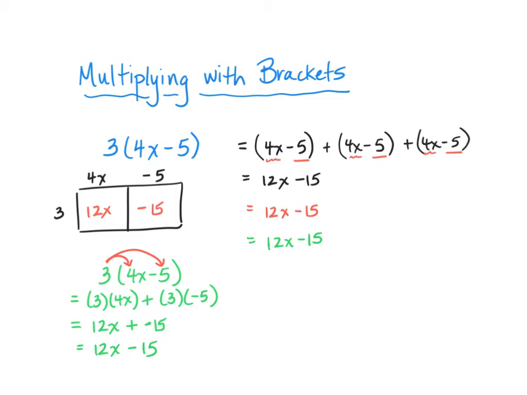Now, we've been calling this multiplication or multiplying with brackets. Something else you might see this described as is using the distributive property. This process by which we take the number out front and apply it to everything in the bracket following, that's sometimes called the distributive property.